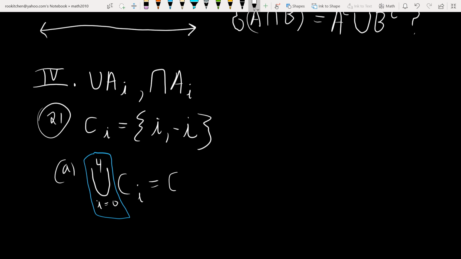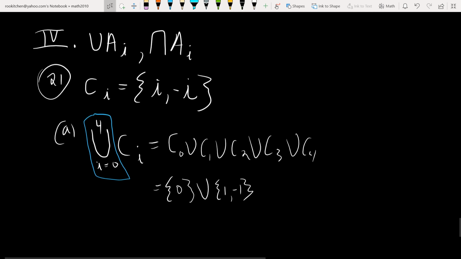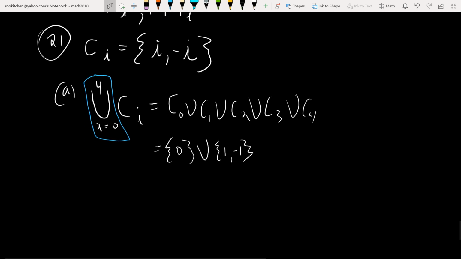So what is it? C0 union C1 union C2, etc. What exactly are those sets? C0 is a set from 0 to -0. Sorry, it's just two elements, 0 and -0. Those are the same, so we're just going to write 0. C1 is a set that contains 1 and -1. In the homework, these sets are actually intervals, a little more complicated, I think. C2 is the set that contains 2 and -2.